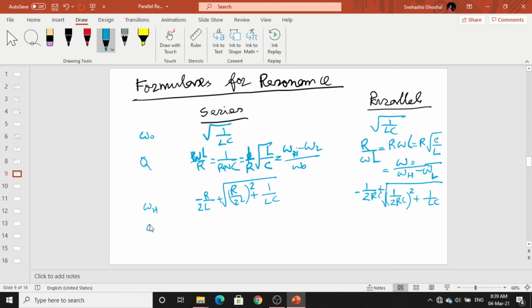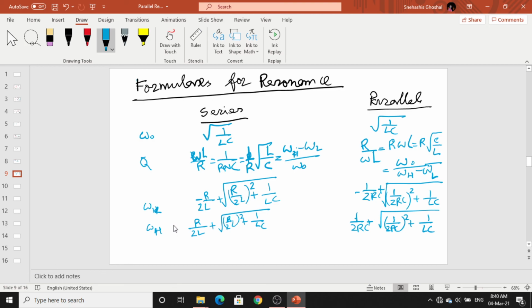Similarly, you can write omega low. Sorry, this is omega low for series, minus R by 2L plus root over of (R by 2L) whole square plus 1 by LC, and in the parallel case it would be minus 1 by 2RC plus root over of (1 by 2RC) whole square plus 1 by LC.